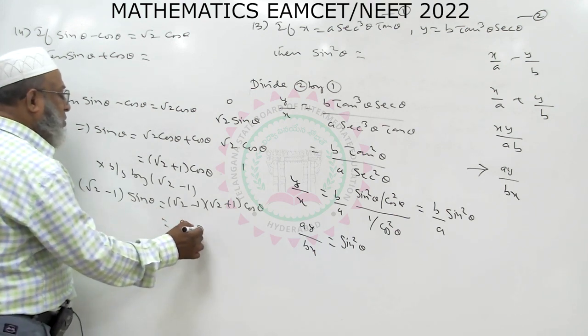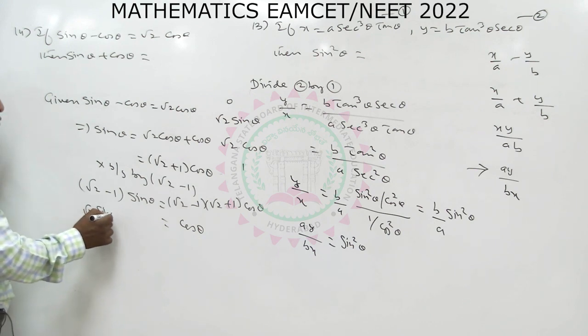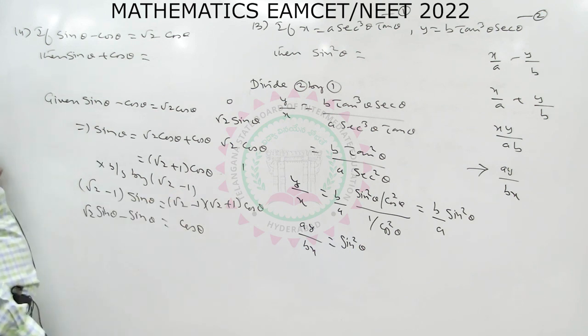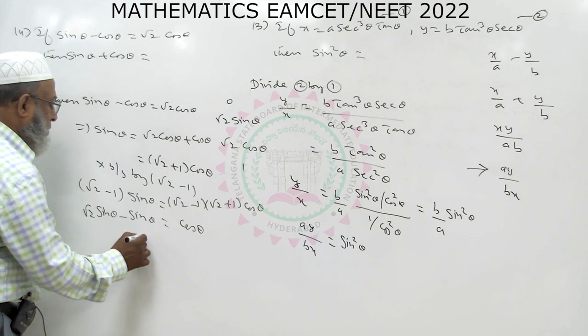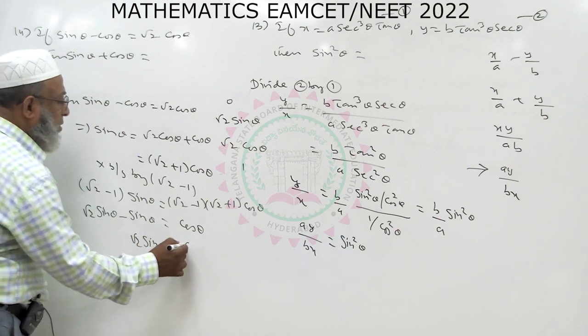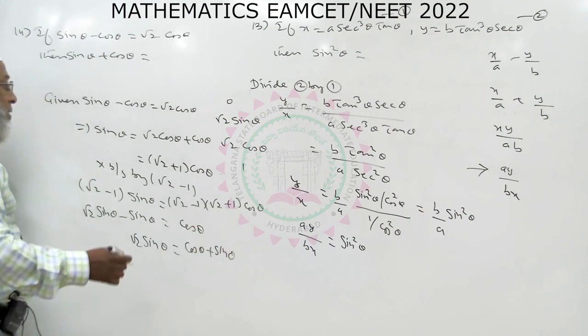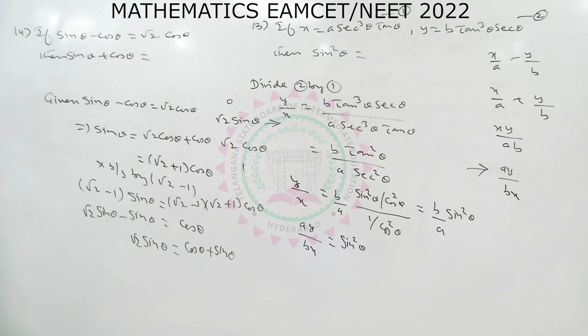That is cos theta. On multiplying the left hand side, I am getting root 2 sin theta minus sin theta. If I shift sin theta to the right hand side, root 2 sin theta is equal to cos theta plus sin theta. Therefore, my option is the second, that is root 2 sin theta.